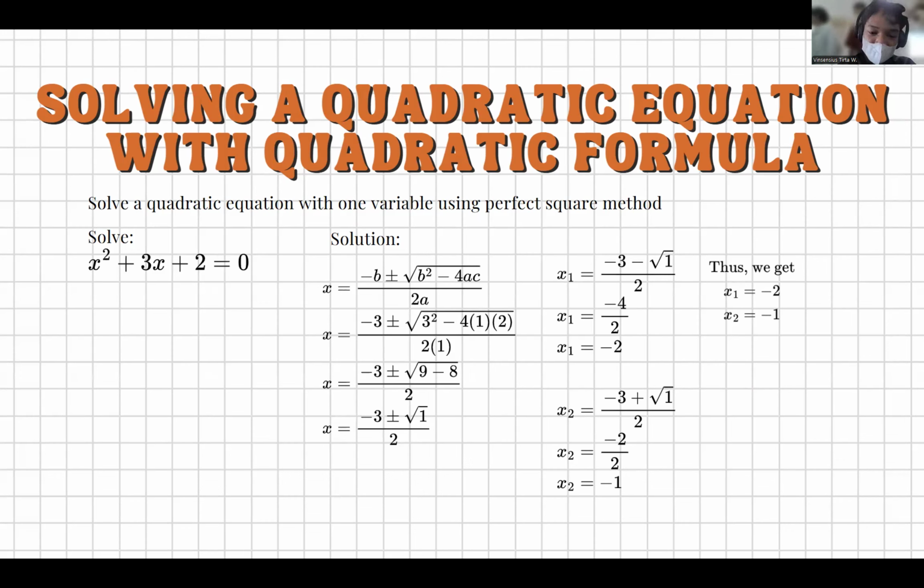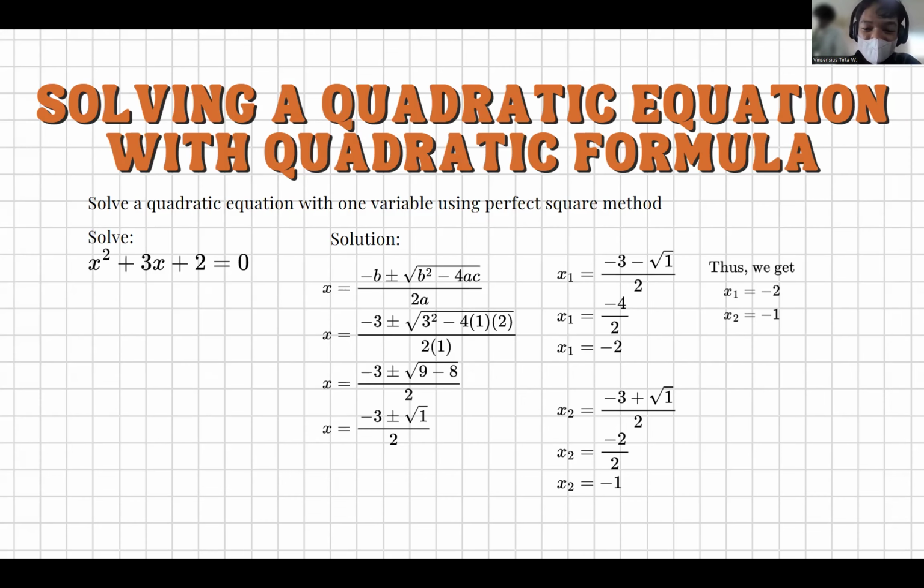So for the next equation, we got negative 3 plus minus the square root of 1, divided by 2. Then for x1, we got x1 is equal to negative 3 minus the square root of 1, and the difference is divided by 2.